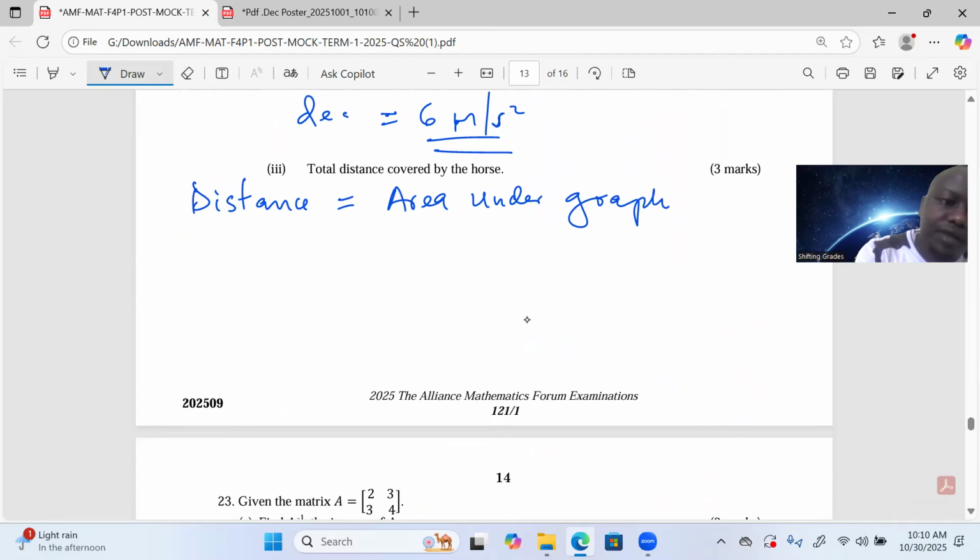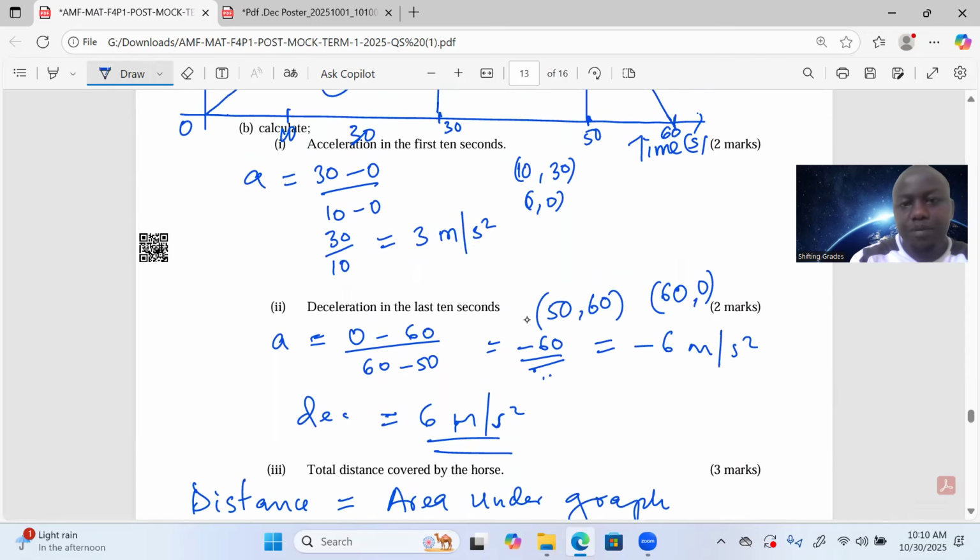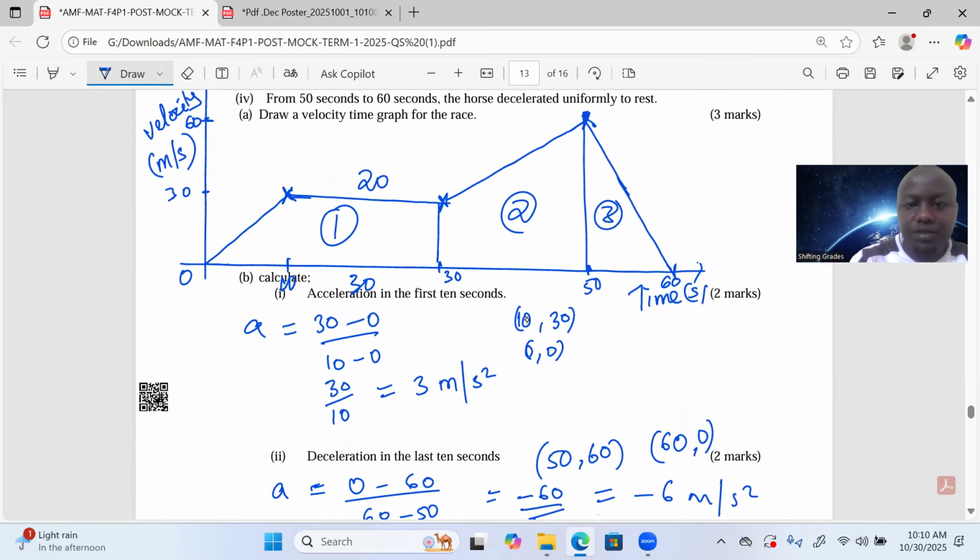So area 1 equals half the sum of the two sides, 20 and 30, and the height between them. So 50, that's 25 by 30. That's 750 meters.